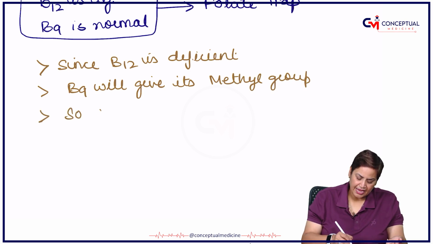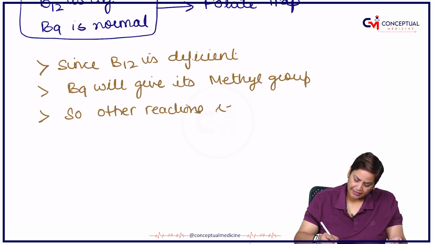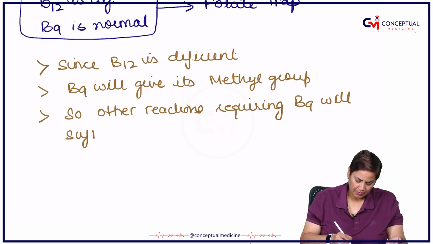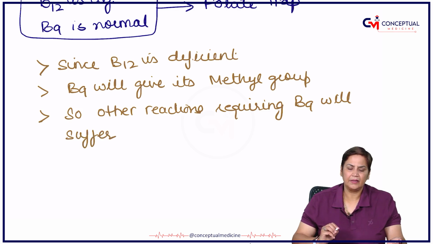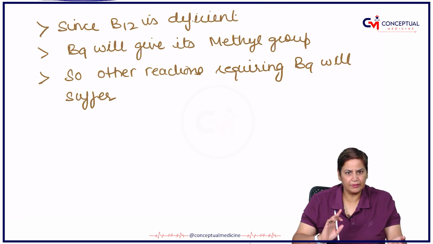So other reactions requiring B9 will suffer, right, which leads to folate trap.